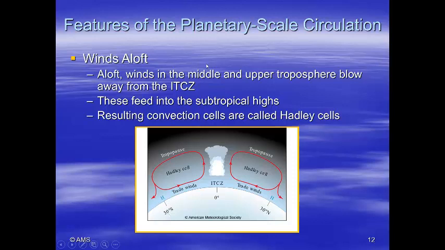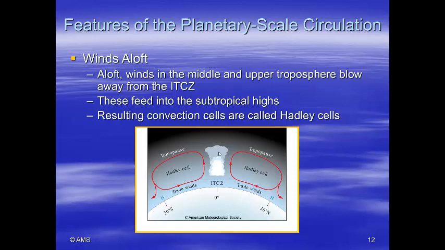Once again, the sun comes in and heats the equator. This brings warm, moist air aloft, and clouds form.